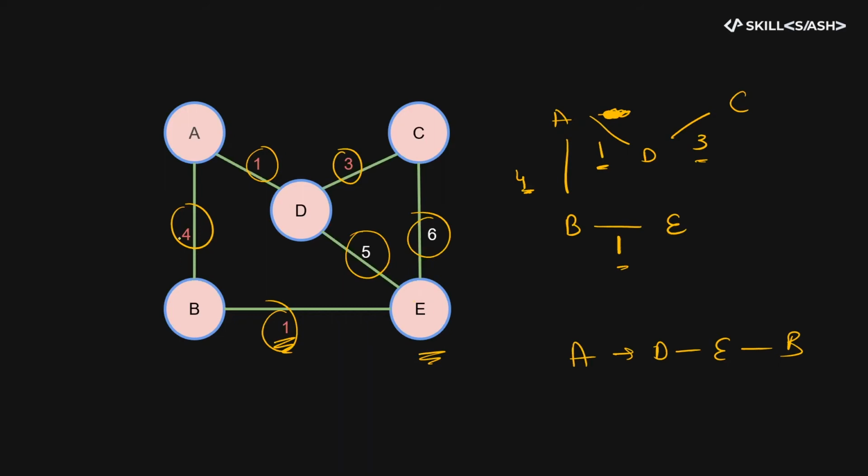So the point is, you will cover that node with the least one. Why? Because that node would have been connected with some other node, such as D, so that node also you are covering with the least possible weighted edge only. So that's why this approach will always give you the minimum spanning tree.